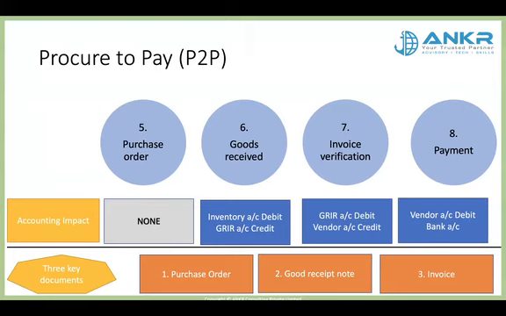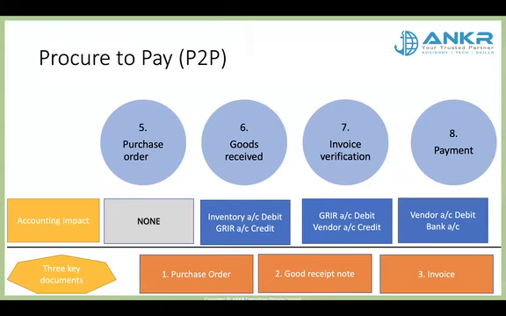Now, coming to the next entry. When you do the invoice verification and the invoice is correct, an entry is passed which is GRIR account debit to vendor account, 1 lakh rupees. Inventory account is already debited, having a debit balance of 1 lakh rupees. In the second step, no inventory account comes into picture, so the balance is maintained.